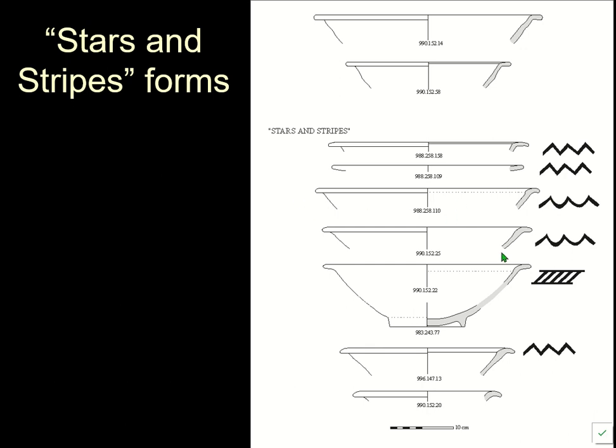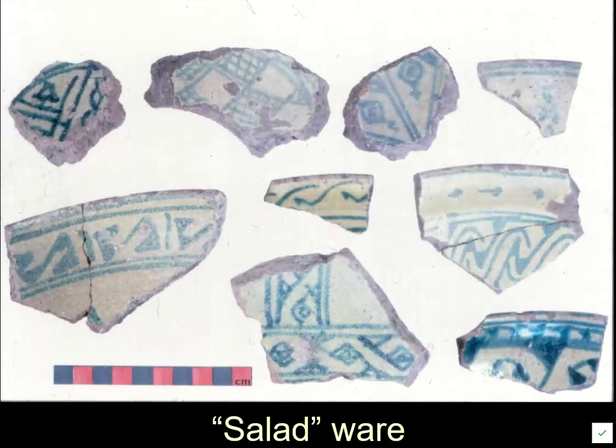And from looking at the forms, this is quite closely related to Fatimid lusterwares from Egypt of the 11th century and the early 12th century. And so it's probably of about that date. So this would be the earliest glazed wares that they had in Yemen.